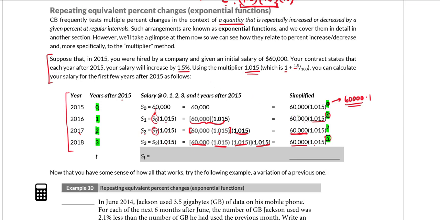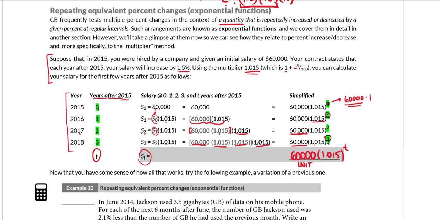So we could write a generic equation and say that t years after 2015, our salary will be 60,000, again that's the initial salary, times t multipliers. When I say t multipliers, that t is an exponent, because whatever t is, that is the number of multipliers we multiply 60,000 by.